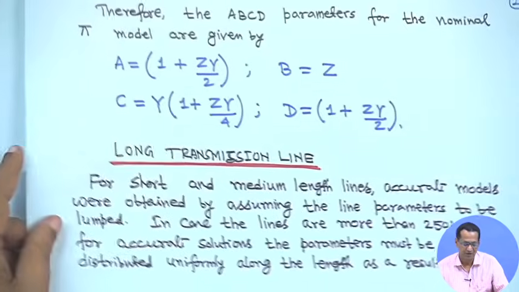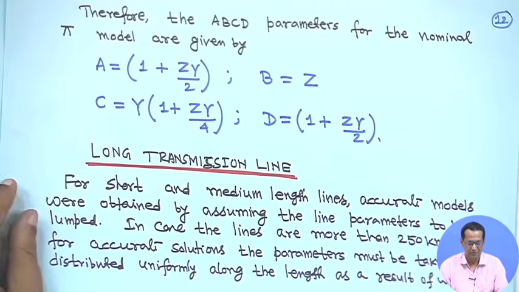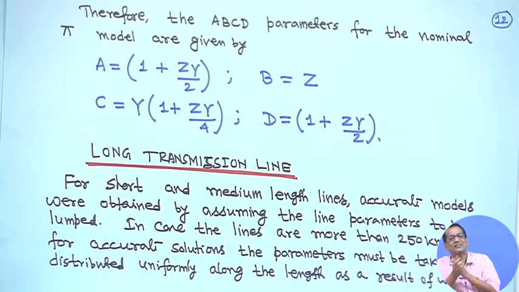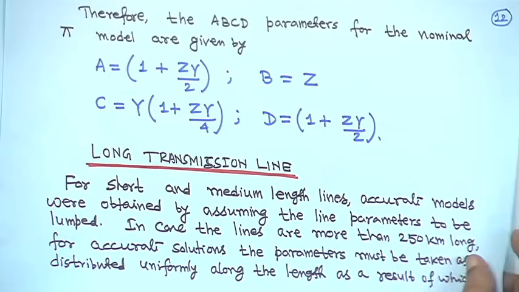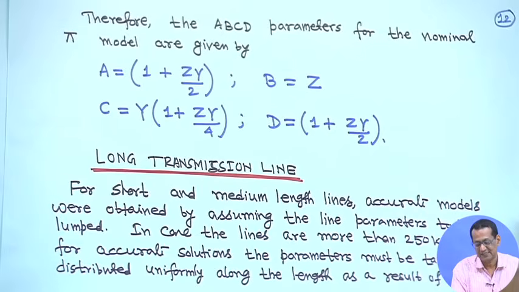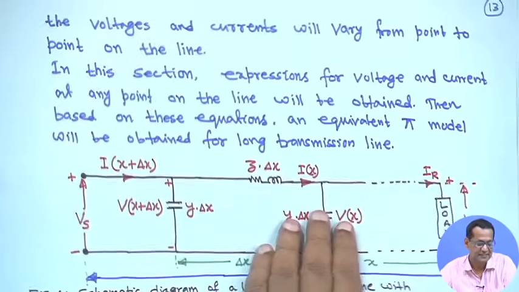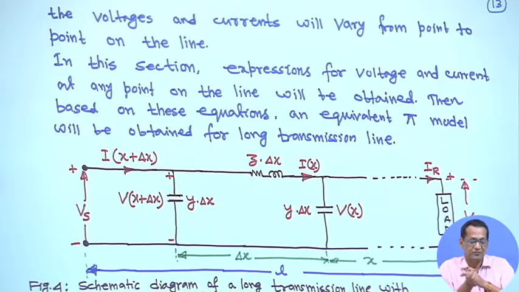For long transmission, in case the lines are more than 250 kilometers long, for an accurate solution the parameters might be taken as distributed uniformly along the line length. So, at every point the voltage and current will vary from point to point on the line.